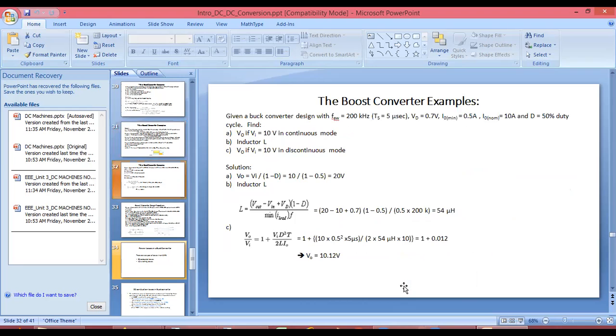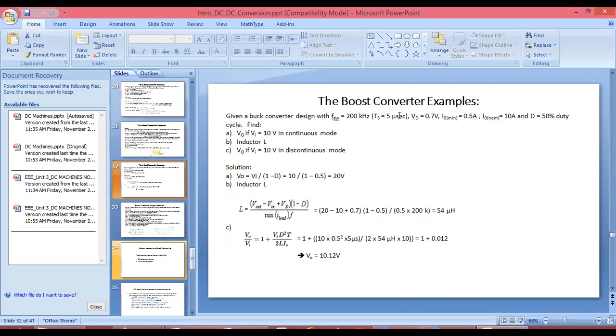So here we are having an example, a given buck converter design with frequency 200 kilohertz.